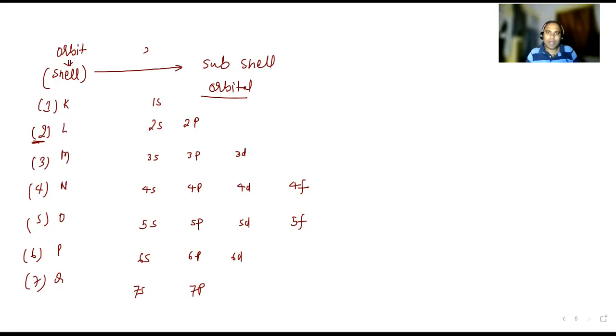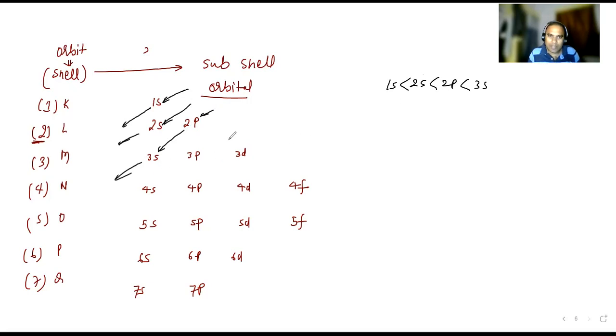Okay, now how can you make this one? Let me try to do. You are going to start from here. Diagonally we have to start. So 1, then 2, then you need to go. This one is going very straight. So you see, firstly 1s is coming, then 2s, then 2p, then 3s.